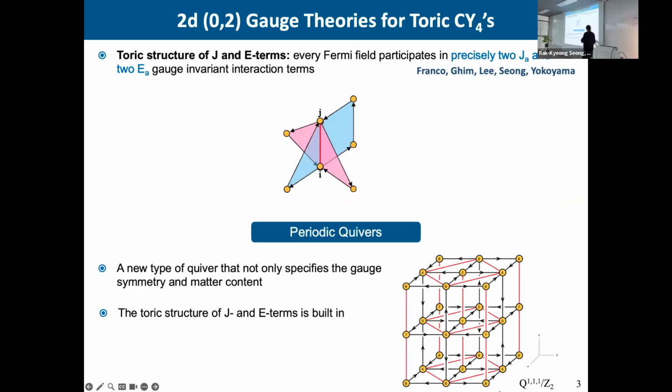The 3-dimensional torus nicely captures the U(1)^3 out of the U(1)^4 isometry of the toric Calabi-Yau fourfold. It has the J and E terms built in here. We can read them from the minimal plaquettes, or more precisely, from the dual edges, so the edges in the dual graph, which is a brane brick model.